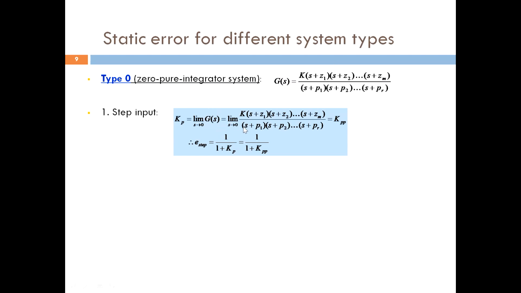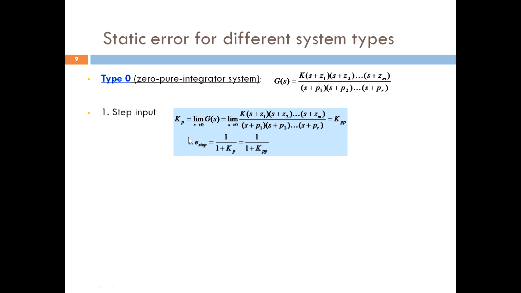And when we do that, as s goes to 0, all these s's are going to disappear, and what we end up with is basically a constant, or some constant magnitude that is going to be a product of k and all these zeros in the numerator, divided by the product of the poles in the denominator. So we can label that as k subscript pp.